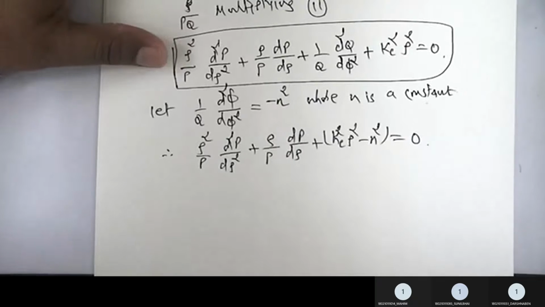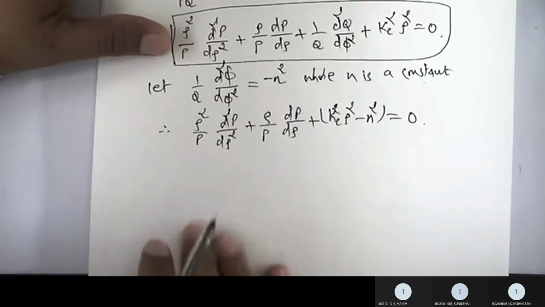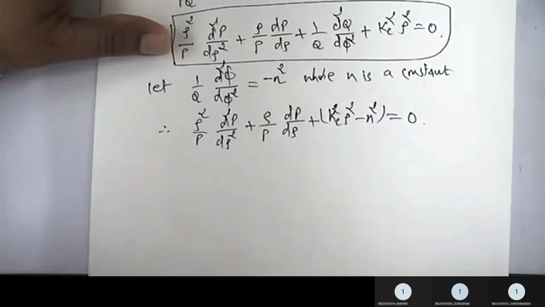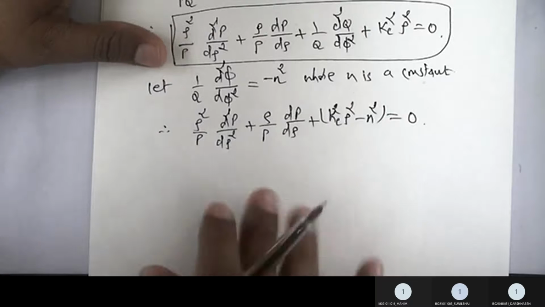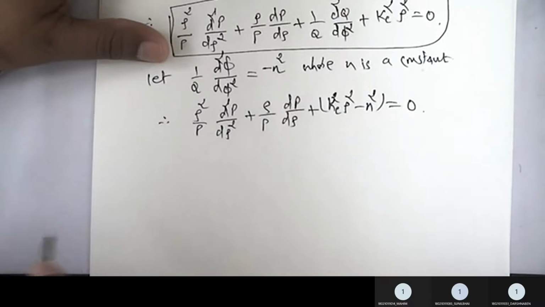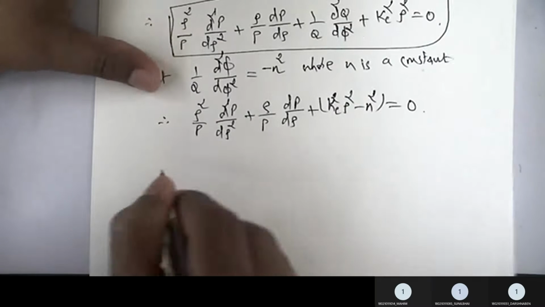So I can see that now I have an expression with only the variable p. Let me simplify once again. This expression is such that it looks like some very well known function.